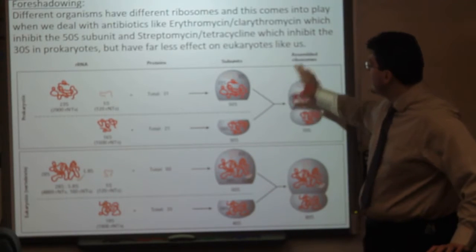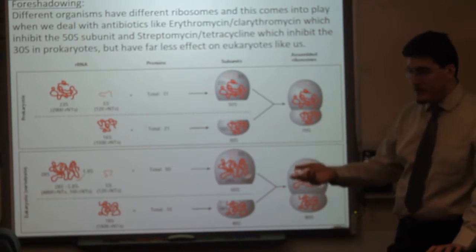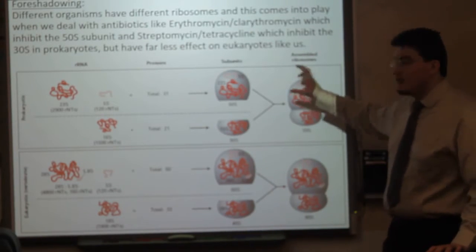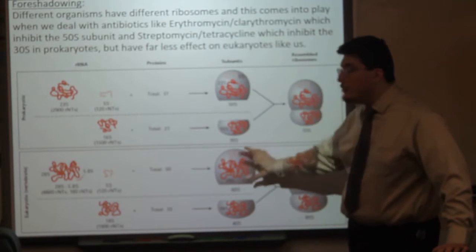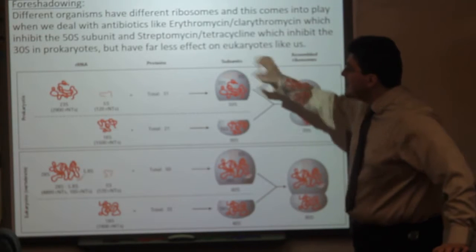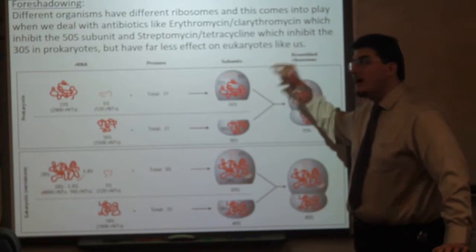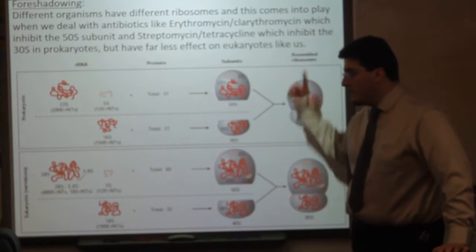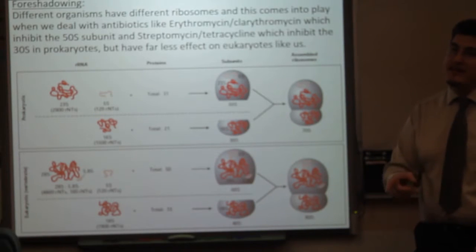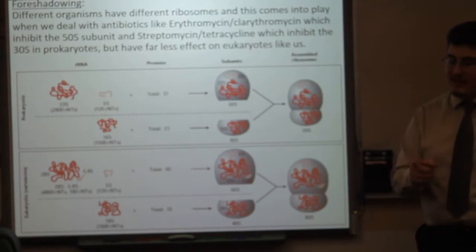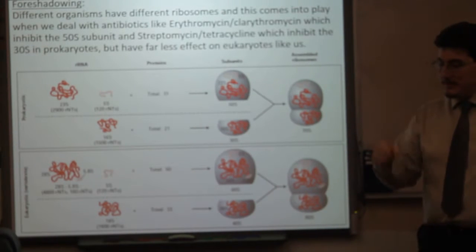So it will bind to a prokaryote ribosome, but not to a eukaryote's ribosome. It will kill a prokaryote, but it will not kill a eukaryote. That's not to say that there aren't side effects to taking antibiotics. There are side effects to taking antibiotics. Always consult your doctor, please.